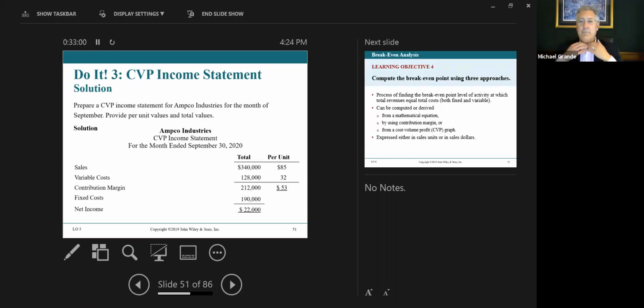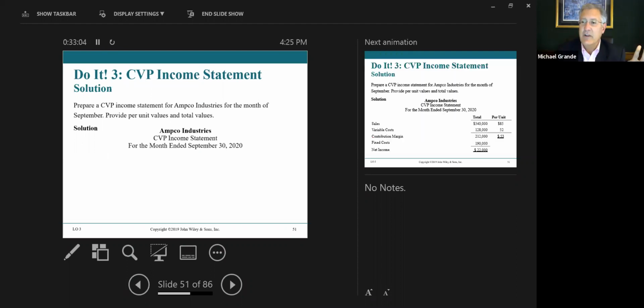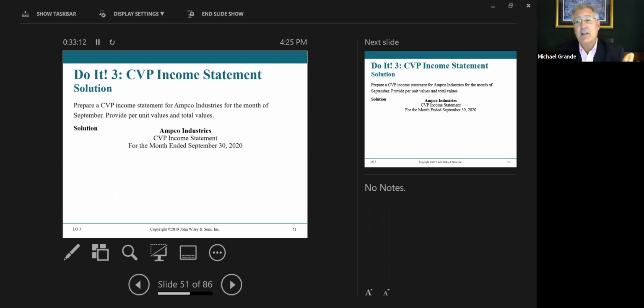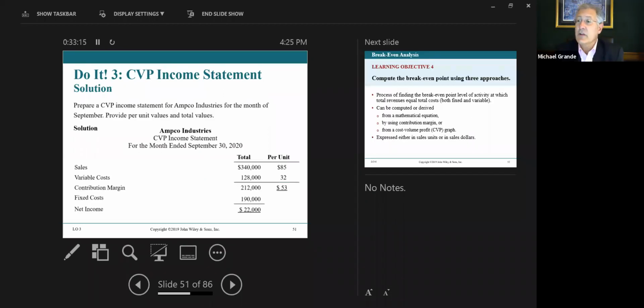So you can see sales, $340,000, right? How do they get that? Quantity times price, right? A quantity, 4,000 units, selling price, $85 per unit, $340,000. What about variable costs? Well, again, quantity times price.